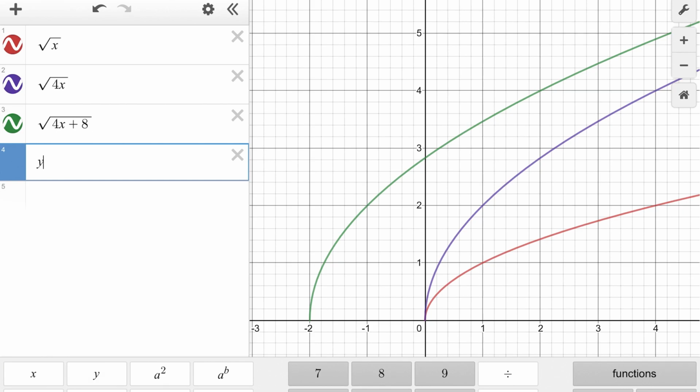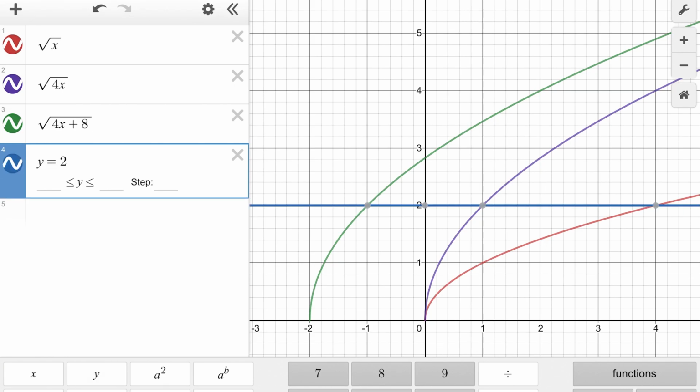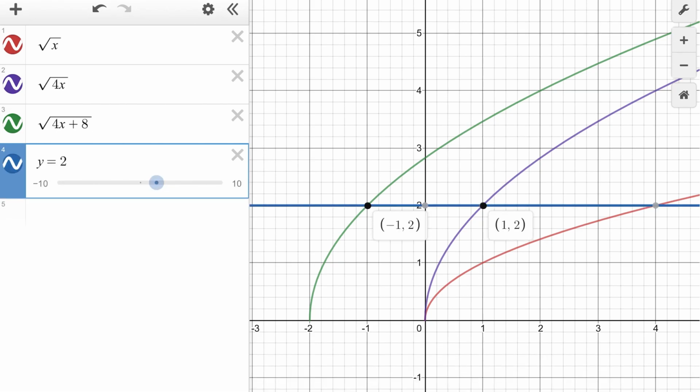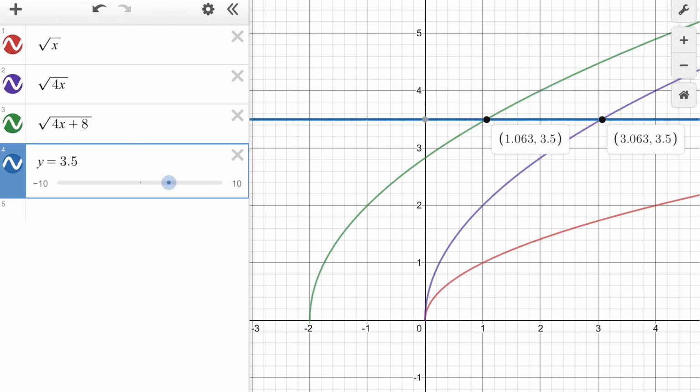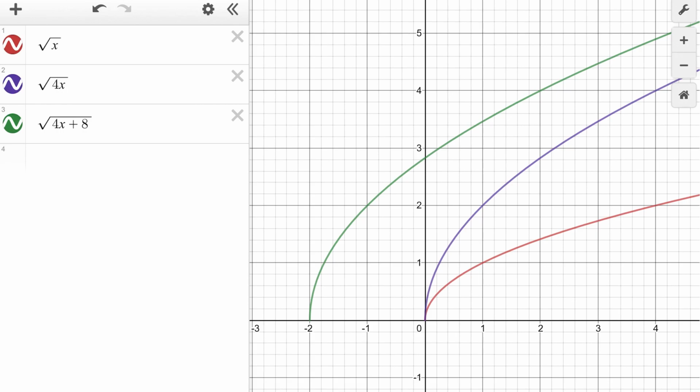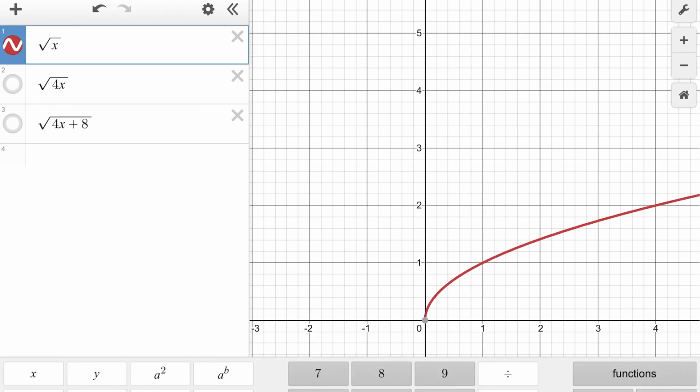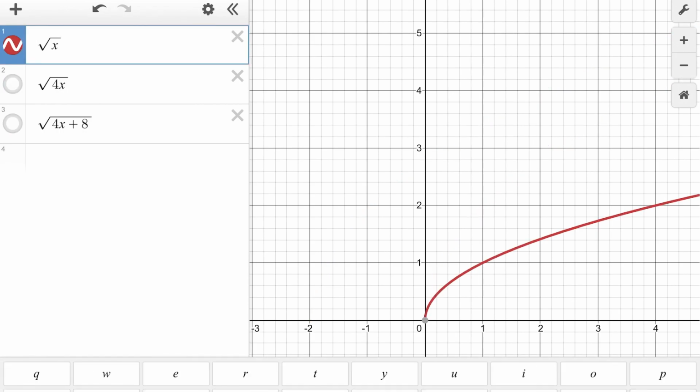Horizontally, if I put a horizontal line in here like y equals 2, the purple and green are always 2 units apart. Park this anywhere and compare the purple and green. They're always 2 units apart horizontally. Now let me hide those and show you the other way of doing this that I was telling you about.